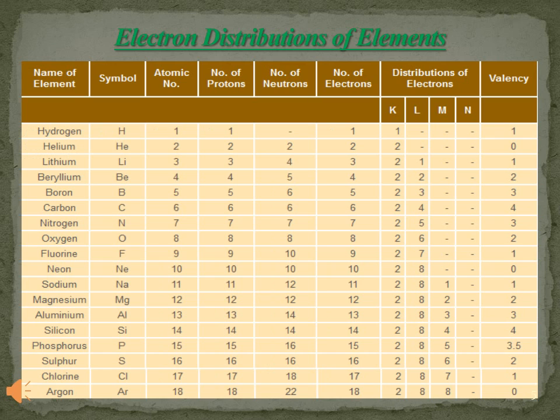Along with it you will be able to see symbols, atomic numbers of the elements, the number of protons, number of electrons, number of neutrons, and the distribution of electrons in different shells, that is K, L, M and N shell, and in the very last row you will be able to see the valency of these elements.